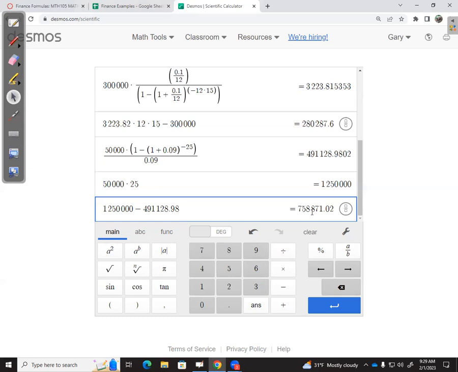Most of the interest was accrued in the beginning of that 25 years, and it got less and less over time, but it's still a ton of money.